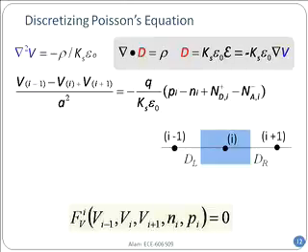In general, if you wanted to write this whole equation in some compact form, you could say that the Poisson equation essentially is a function of three potentials at three neighboring node points and the carrier concentrations at that node point. So this is just writing the previous equation in a compact form, essentially looking at the functional dependence. Okay, so I have one equation.